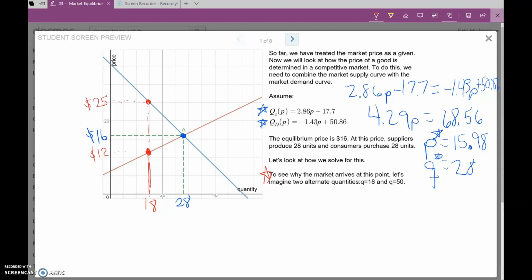So if it's costing producers less to produce a good than people are willing to pay, they're going to want to expand output. So they're going to want to move this way.